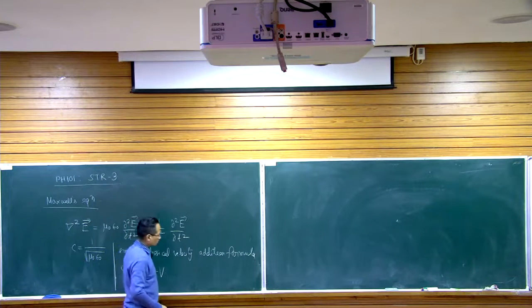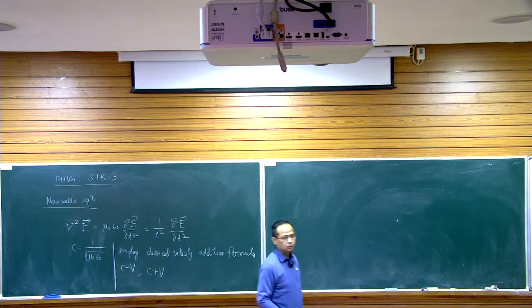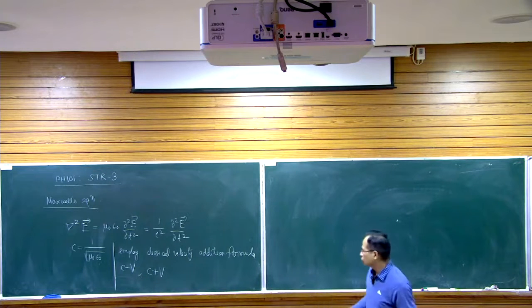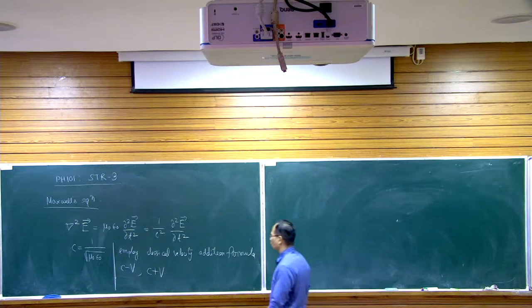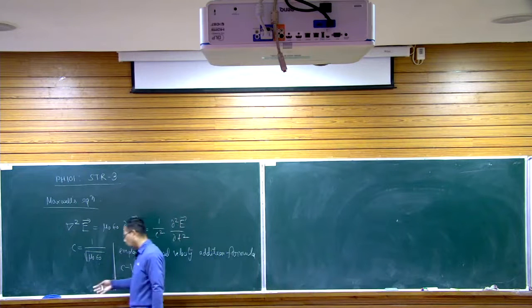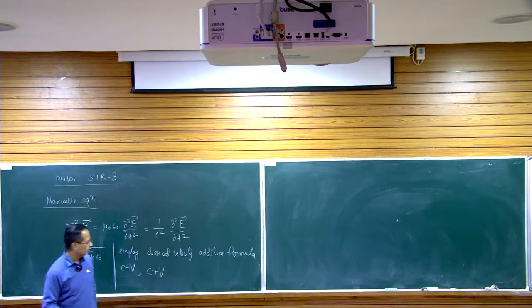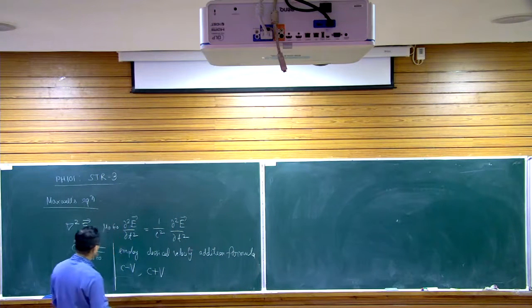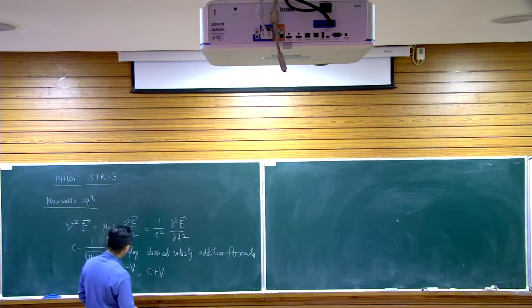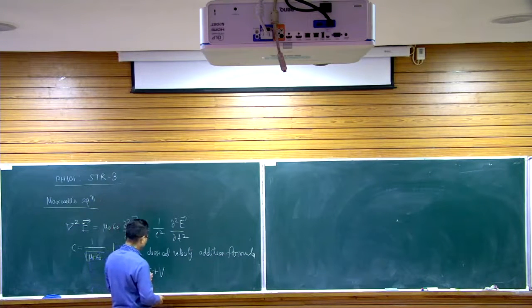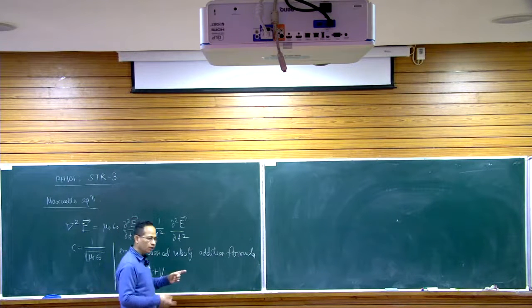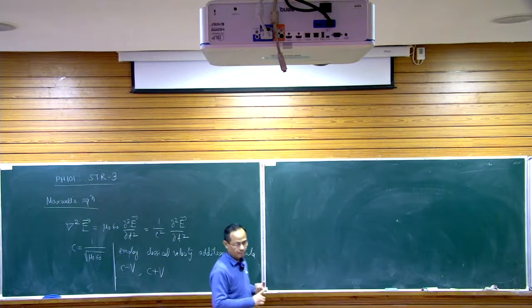Now, since Newtonian mechanics, as we discussed, was very much dominant at that time, nobody could think that there is something wrong with the classical mechanics or Newtonian mechanics. So there were various propositions, and one proposition is that the Maxwell equation will be correct only in a particular frame of reference.